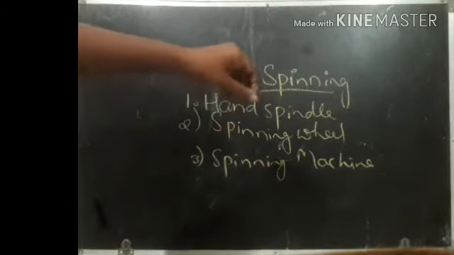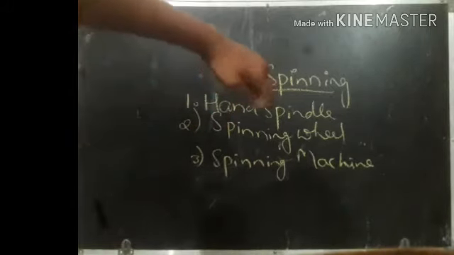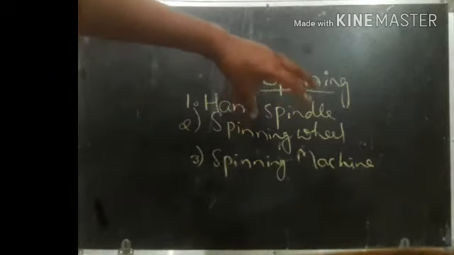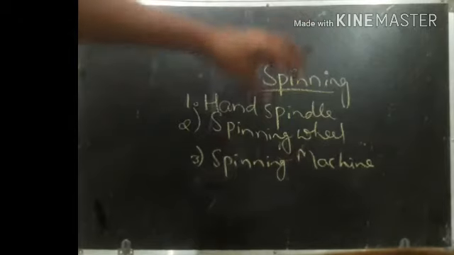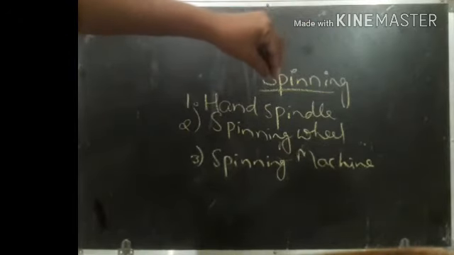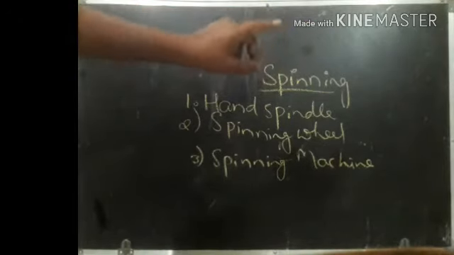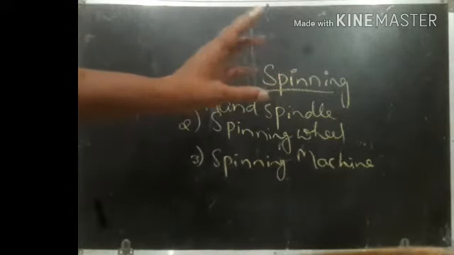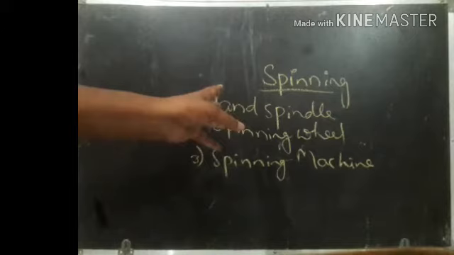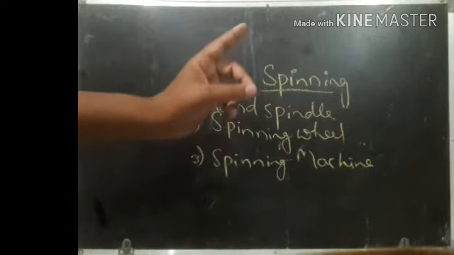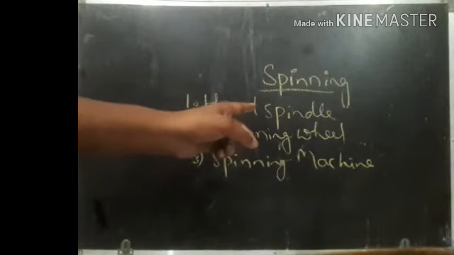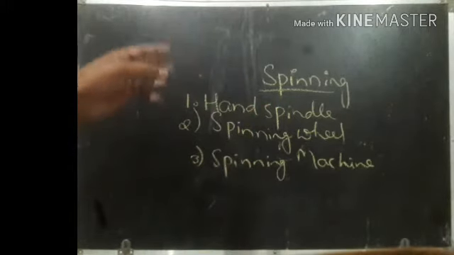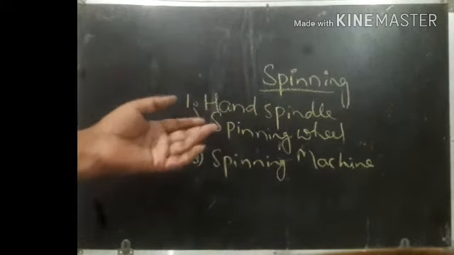Here, by using takli, we can spin the cotton fiber around the takli so that we can get the long thread of the cotton. It is in different shapes, different sizes, and different models. By using this, we can prepare long thread, means yarn.